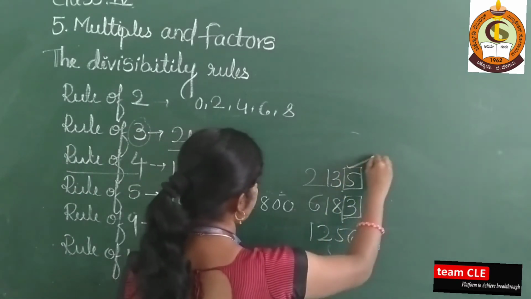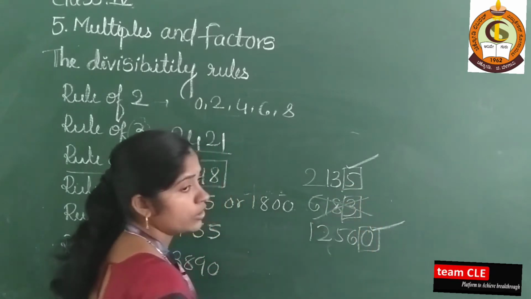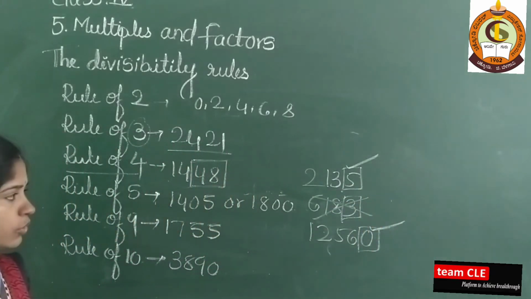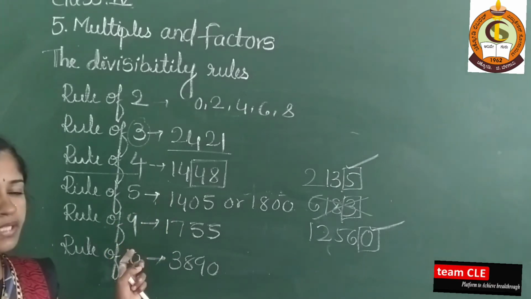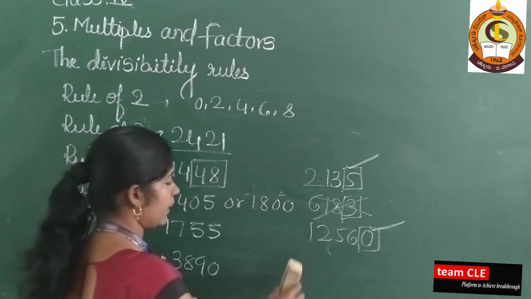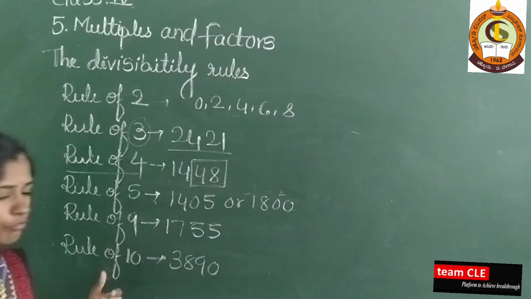So this is divisible by 5, this is also divisible by 5, but this is not divisible by 5. Okay, is it clear? See here, 0 or 5 in the ones place means that the number is divisible by 5.